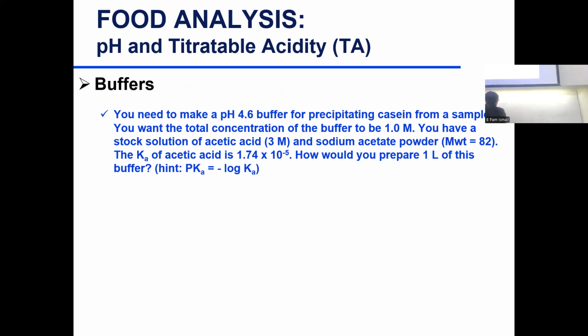Here I'm applying again while you calculate. I need the weight because I have a powder. So I look for the molarity that I'm after. I know the molarity that I'm after, and I have the molecular weight, so I solve for the weight. So the weight that I need is 33.5 grams in that 1 liter that I want to prepare.